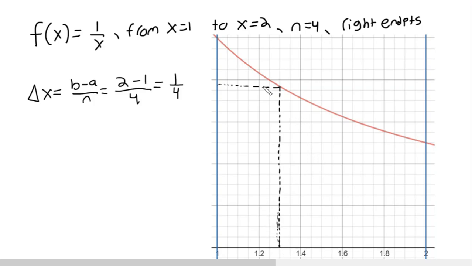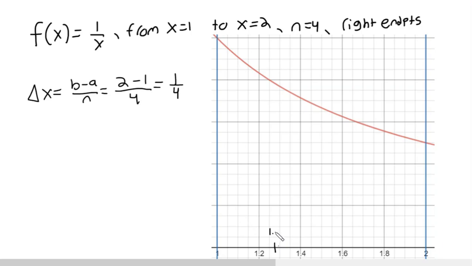I don't want to draw rectangles over and over again because you'll get the point. But what we have to do is show what these endpoints are. So you'll start at 1, and then go over 1/4, so we go to 1.25, which is about right here.